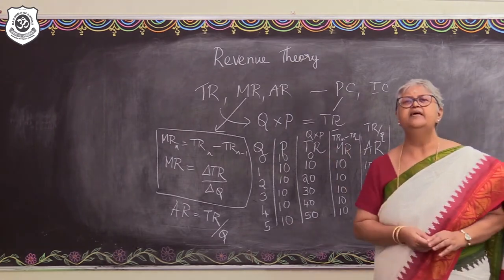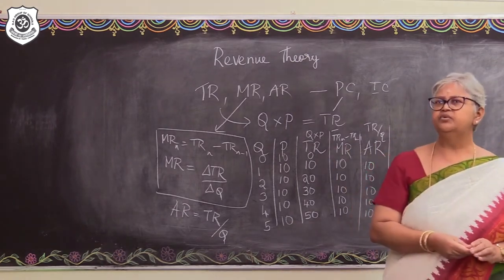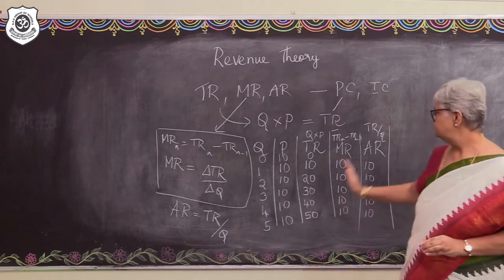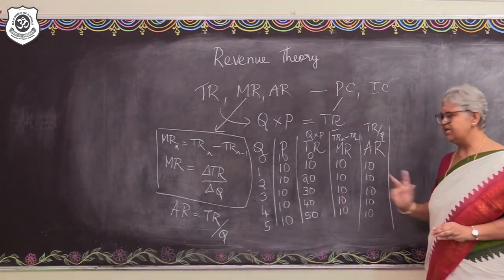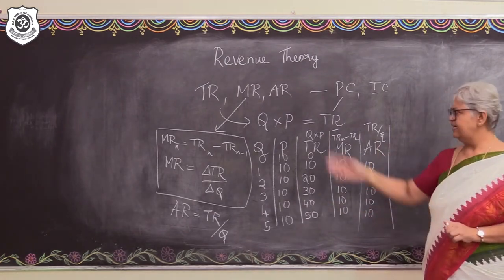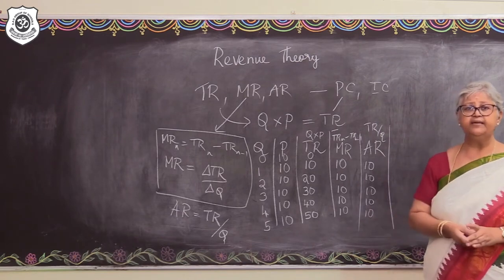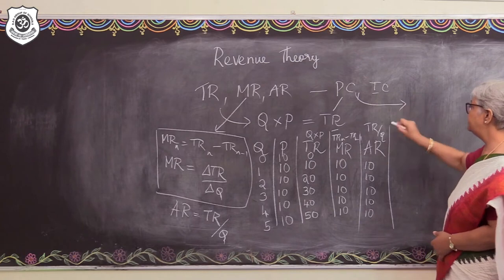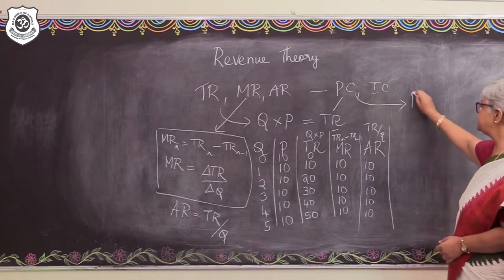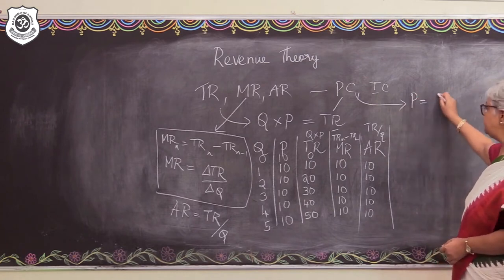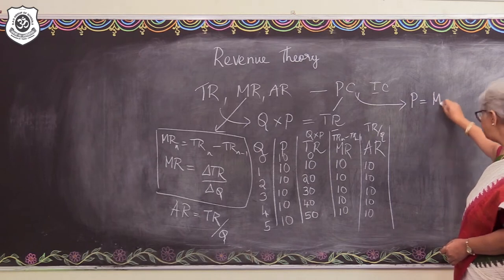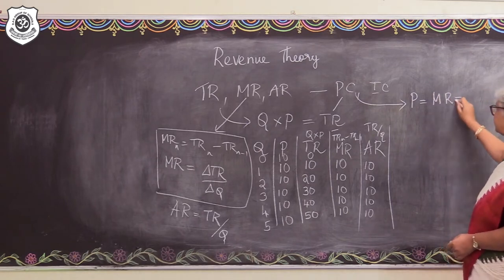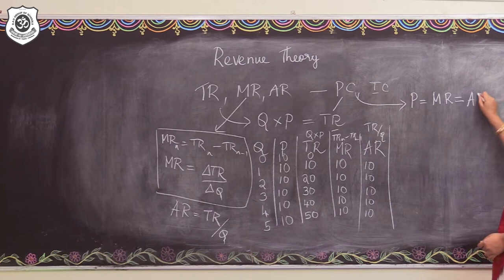Right? So, what's happening here? The per unit revenue is also 10, the marginal revenue is also 10, and the price, that's also 10. So, in a perfectly competitive market, we can say that the price is equal to the marginal revenue and that is equal to the average revenue.